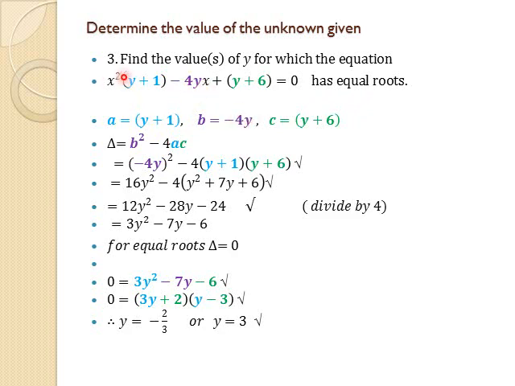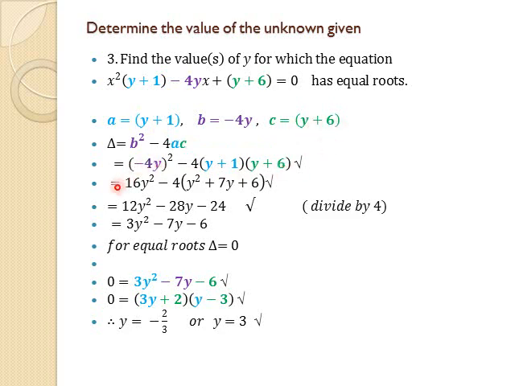So a is always attached to x to the power 2 and b always to x to the power 1. Whatever value is written without x is considered my constant value, c, y plus 6. So I substitute into b squared minus 4ac, b being negative 4y all squared, minus 4, my a value being y plus 1, and my c value y plus 6.